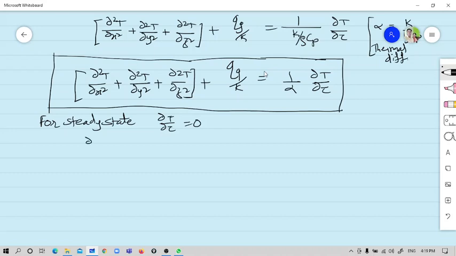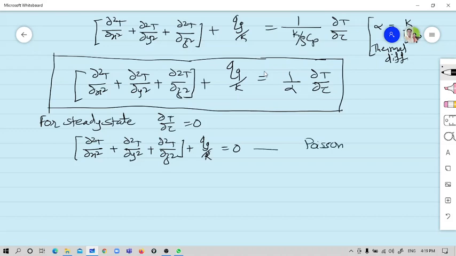Here you have ∂²T by ∂x² plus ∂²T by ∂y² plus ∂²T by ∂z² plus qg by k equal to 0. This particular form of equation is called the Poisson's equation.